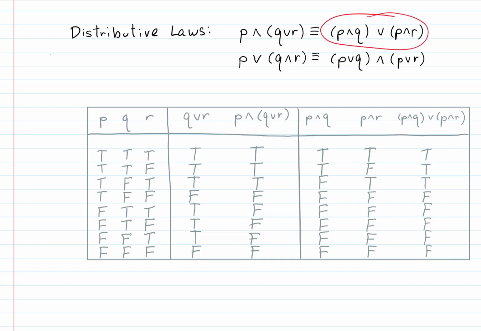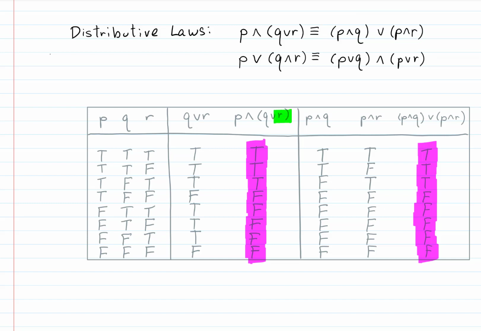Okay, let's compare this column with this column. You see that they're identical? So that means that this statement form is equivalent to this statement form. Okay? So that's how you prove whether statement forms are equivalent or not.